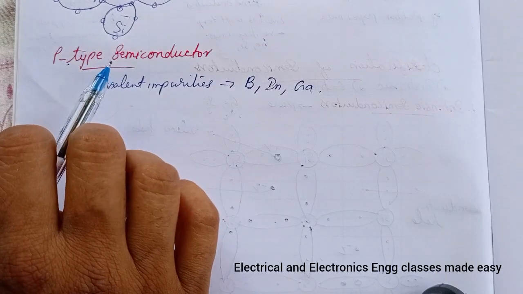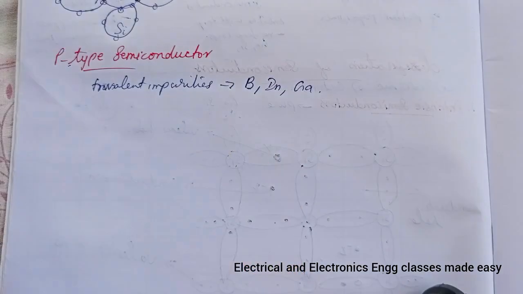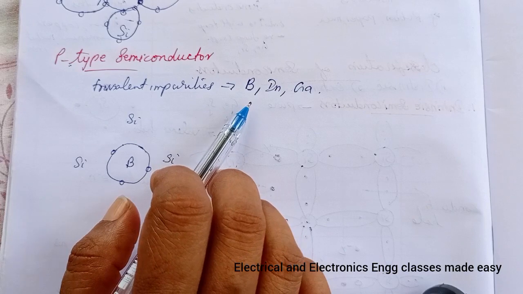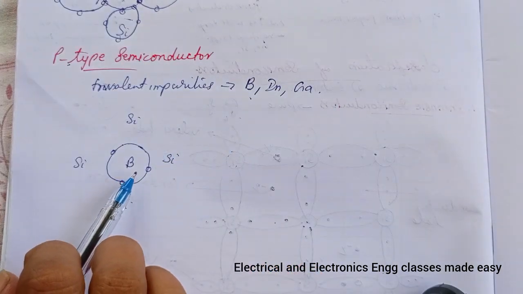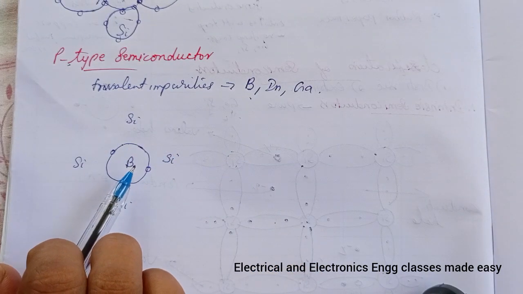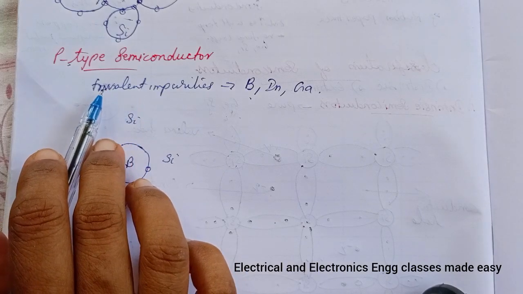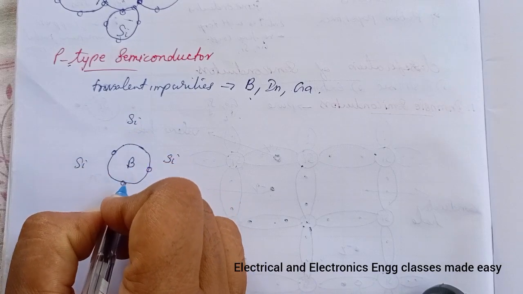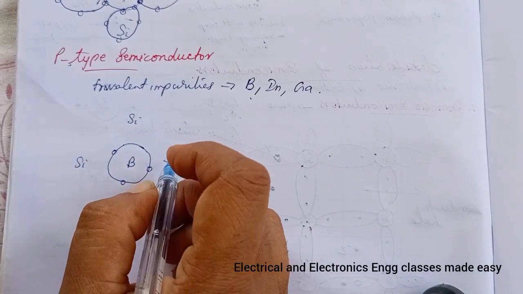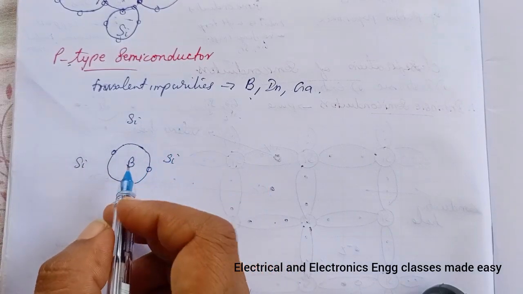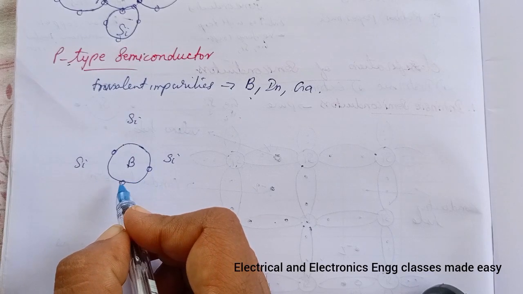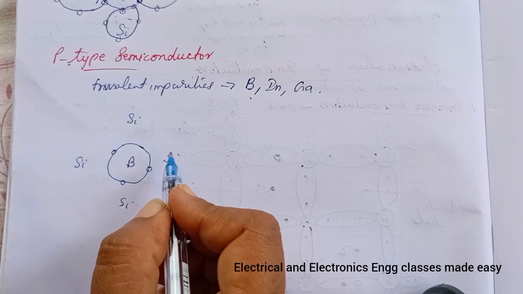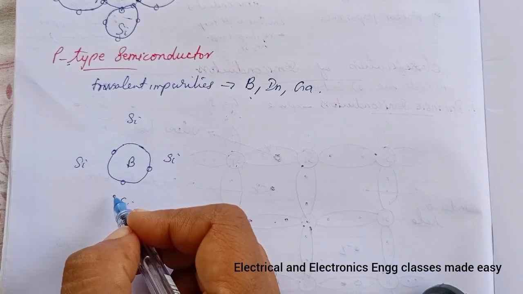Let us draw the diagram. Let us take boron. Boron has 3 valence electrons in the outermost shell, so it is called a trivalent impurity, and silicon has 4 valence electrons. Here each trivalent atom forms covalent bonds with the 4 adjacent silicon atoms.